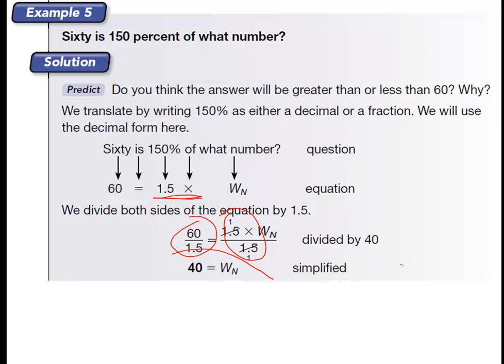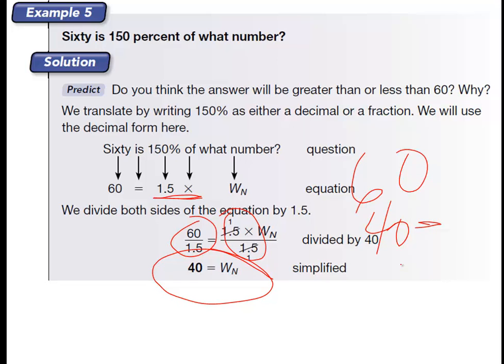So you end up with 40 as your answer. 60 is 150% of what number? Well, 100% of 40 is 40. So the number 60 is going to be another half of this, which is another 20, so that makes it the 150%.